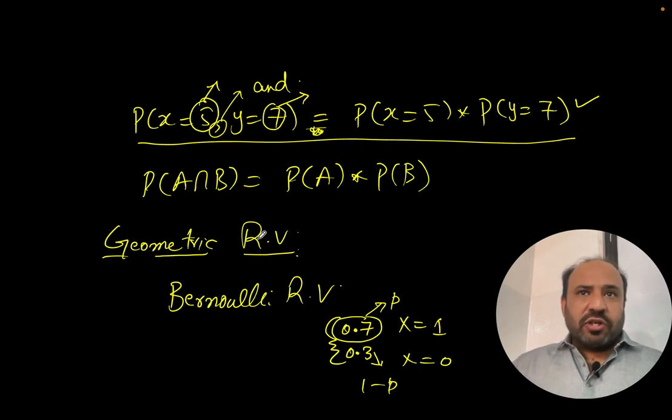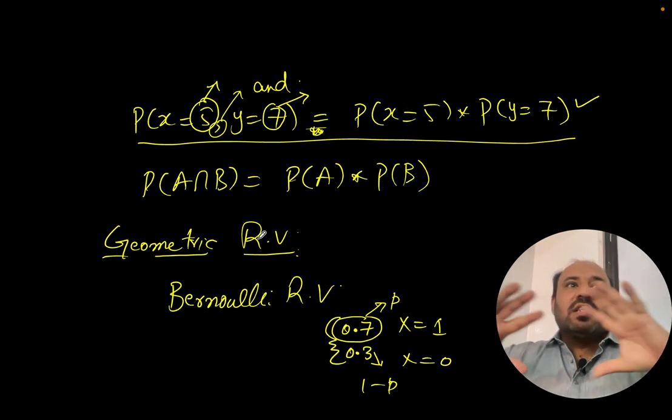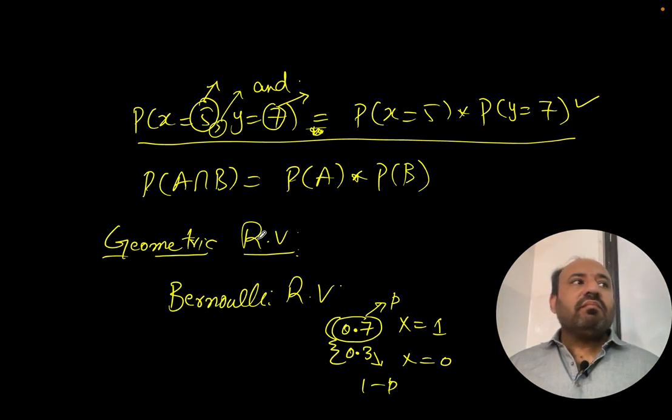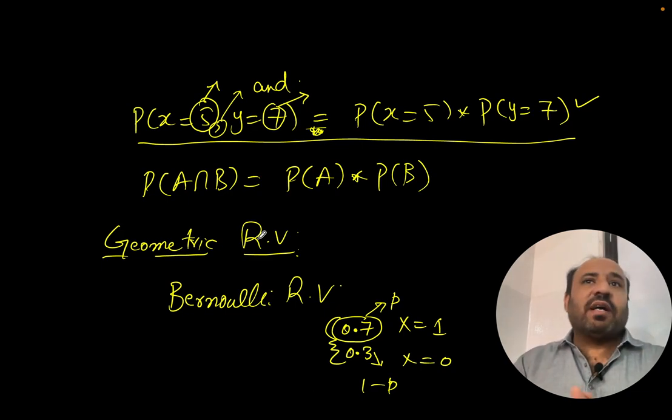If they lose, x is equal to 0. Now that's a Bernoulli experiment because it's completely random. We cannot tell for sure x will be 1 or 0. But seeing the history, we can tell that the chances are this much that the team will win, otherwise the team will lose. So that's also a Bernoulli experiment.